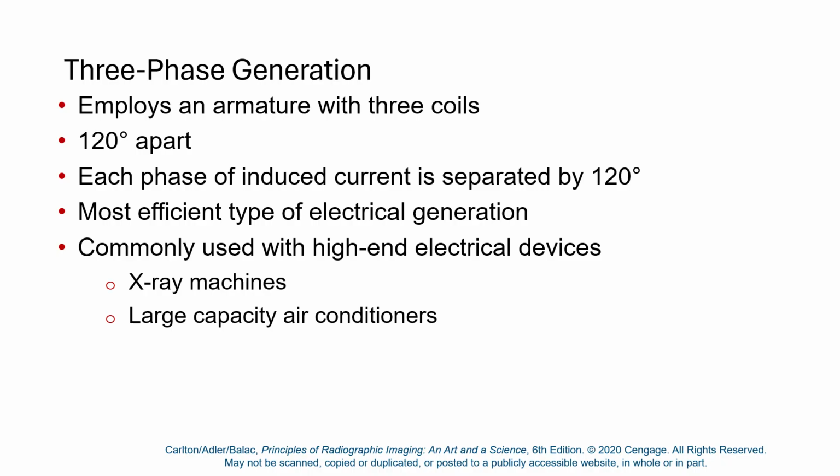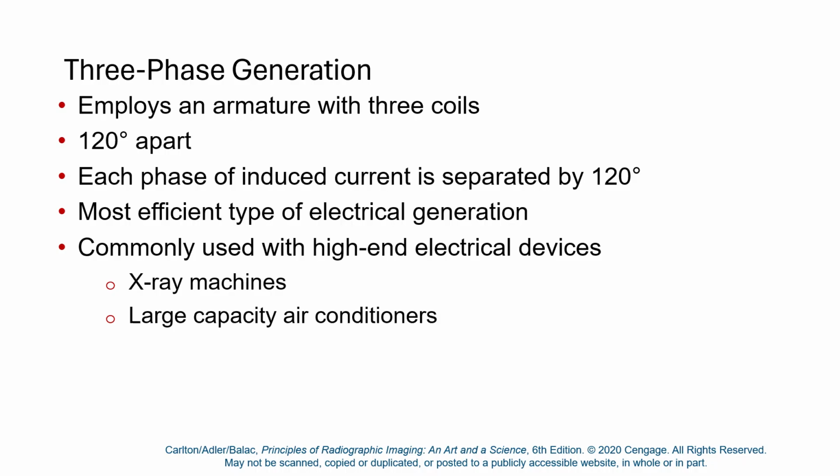Three-phase generation employs an armature with three separate magnetic fields, three coils. Each of those magnetic fields are 120 degrees apart. So a complete rotation will produce three AC sine waves that are out of phase with each other. It's like the crest is shifted over on the timeline.